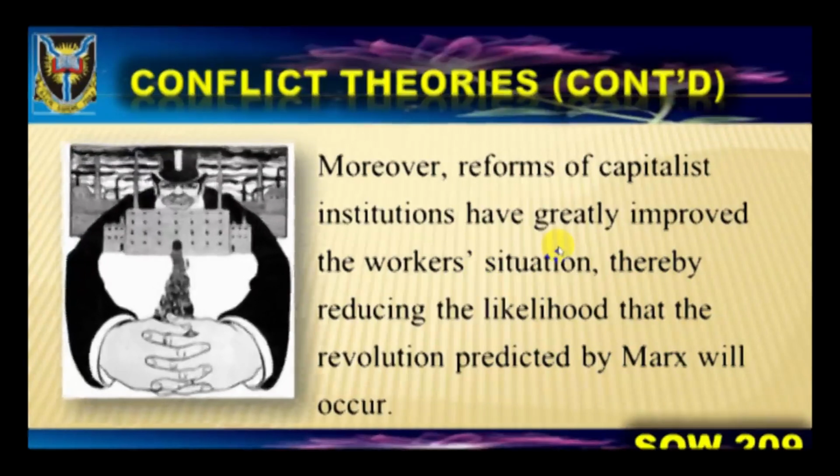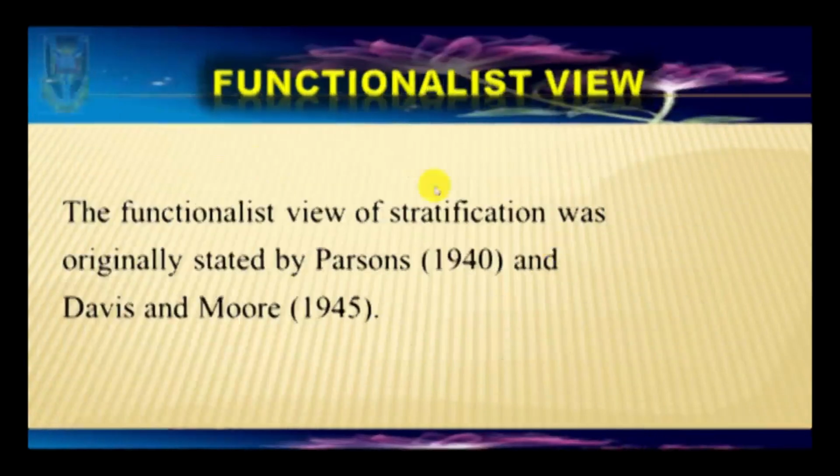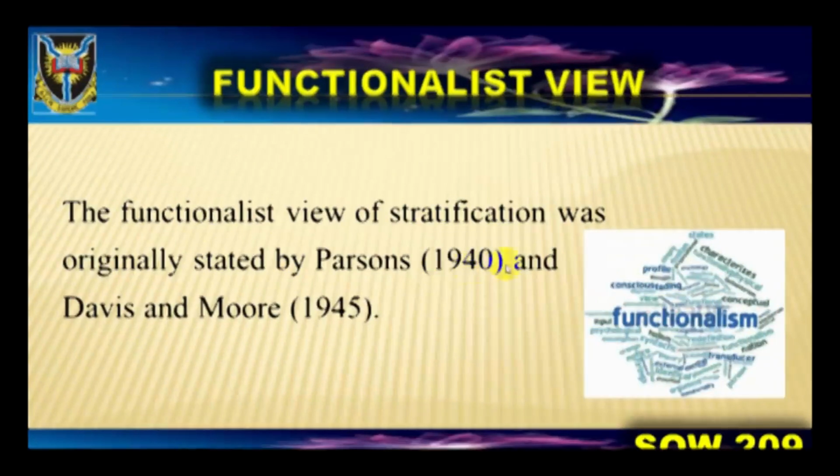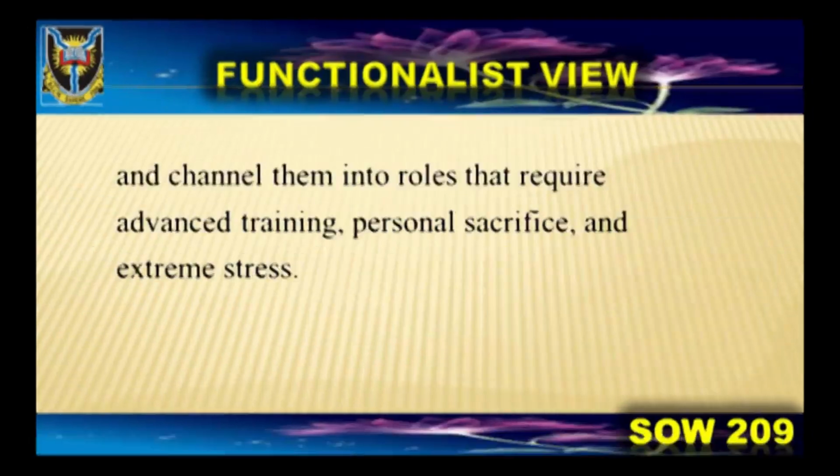Functionalist view. The functionalist view of stratification was originally stated by Parsons, 1940, and Davis and Moore, 1945. This theory holds that social classes emerge because an unequal distribution of rewards is an essential need to reward talented people and channel them into roles that require advanced training, personal sacrifice, and extreme stress.